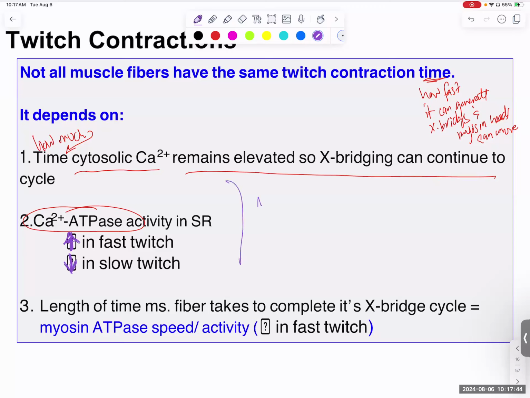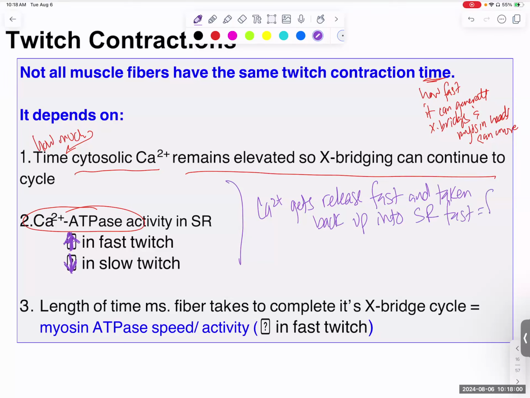This is to say calcium gets released fast and taken back up into the sarcoplasmic reticulum fast in fast twitch muscle fibers.